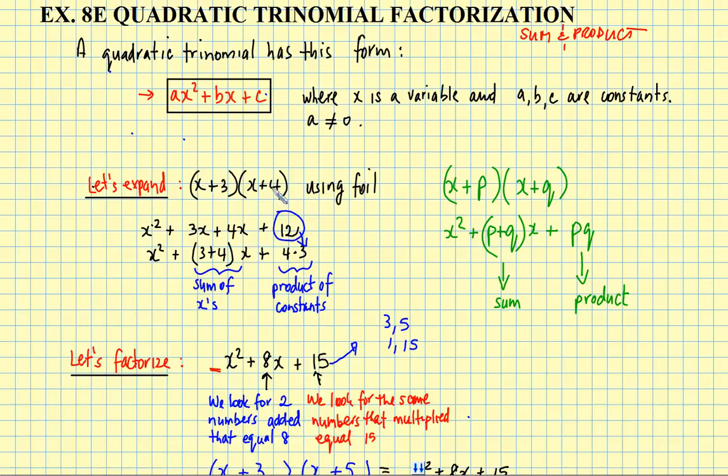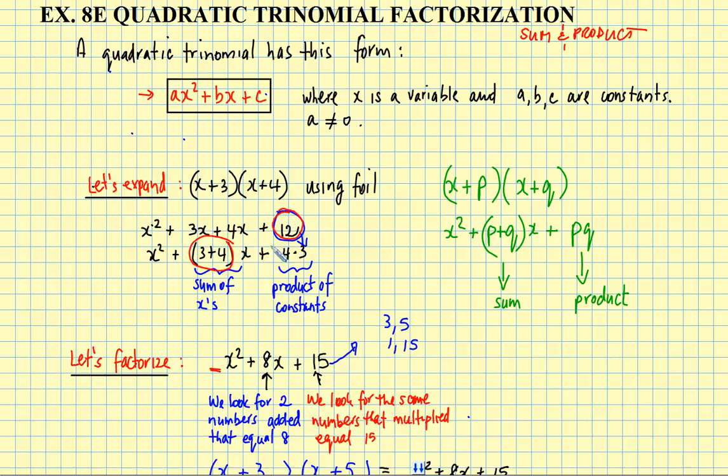It means that 3 times 4 gives us a product of constants, and the 3x plus 4x get added together to give us 7x, so they are a sum of the x's. So basically we've got a product, a multiplication, that's 12, and a sum that's going to equal 7.